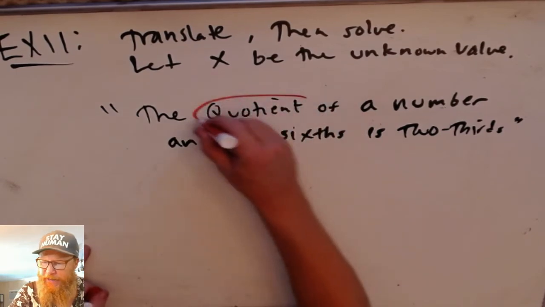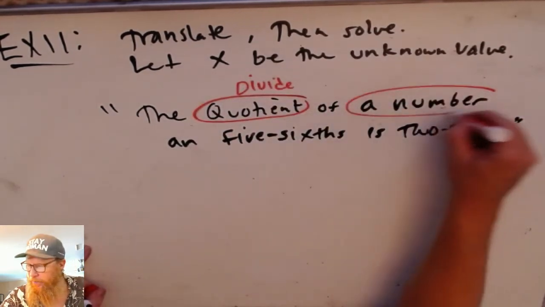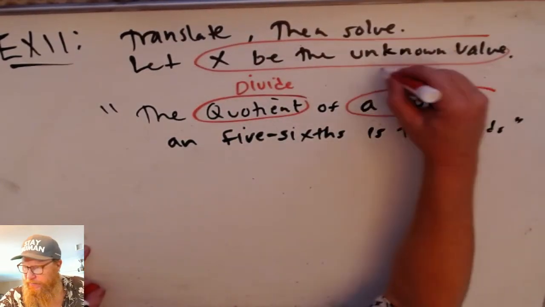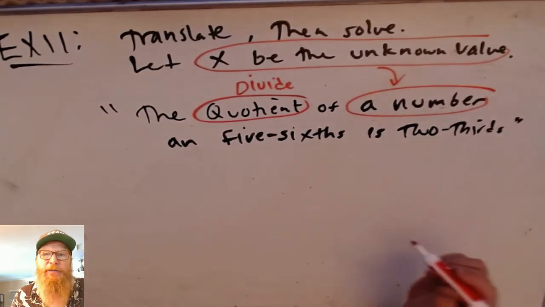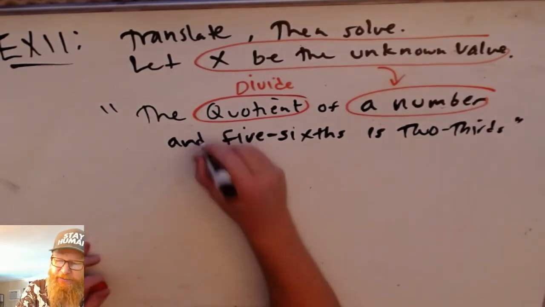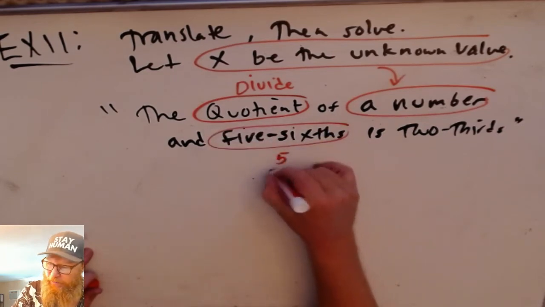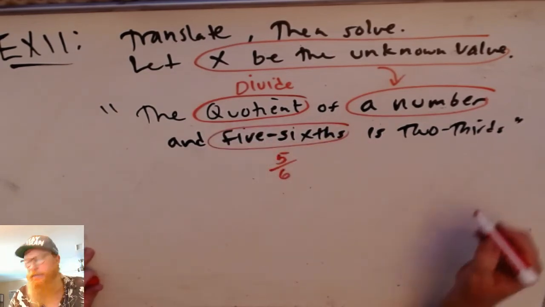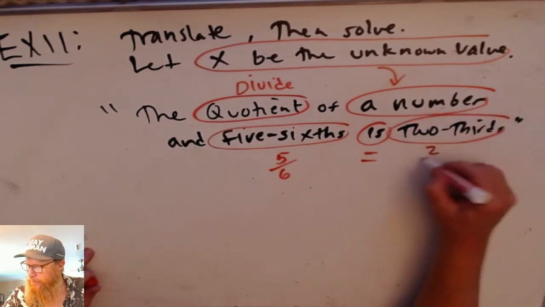Quotient means divided by. A number is x. The unknown value, a number, that means the same thing. This should say and. 5/6, that's 5 over 6. Is, that's equals, and then 2/3.